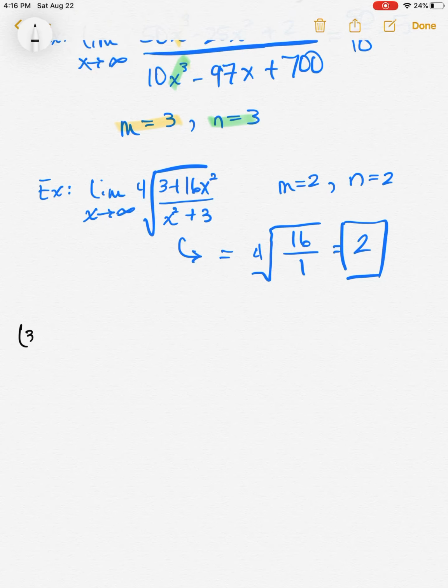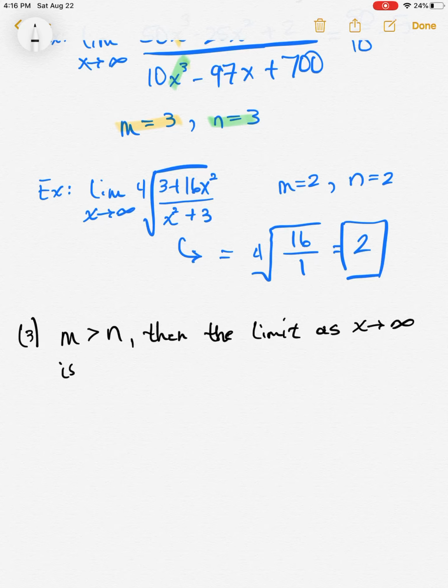And finally, the third thing to recall from your recollection is if the numerator degree is greater than the denominator degree, then the limit as x approaches infinity is infinity.